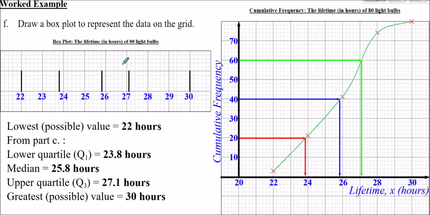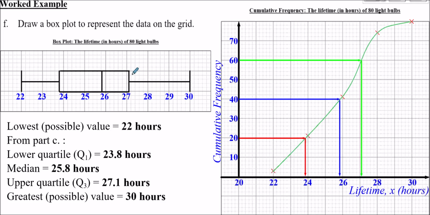Now we've got the 5 main vertical lines which make the box plot. The final thing we do is just add on the horizontal lines to make these 3 here into a box, and horizontal lines joining the lowest to the lower quartile and the highest to the upper quartile. So to finish off the box plot, we just do this, and we're all done.